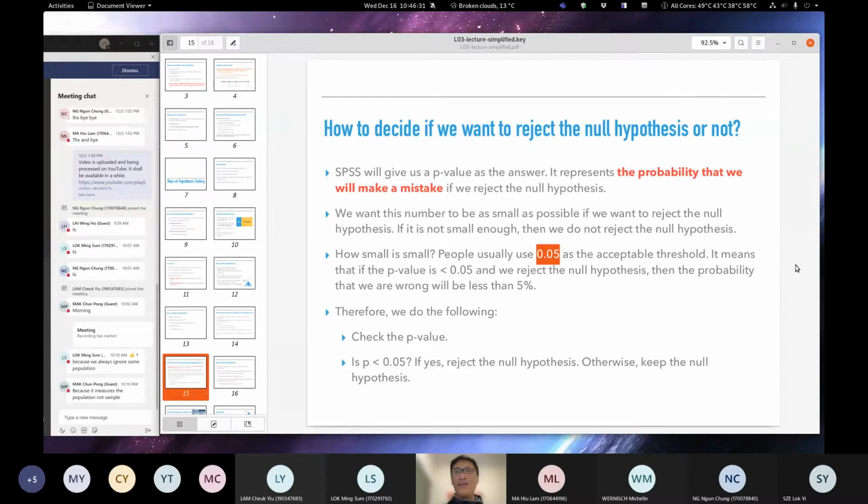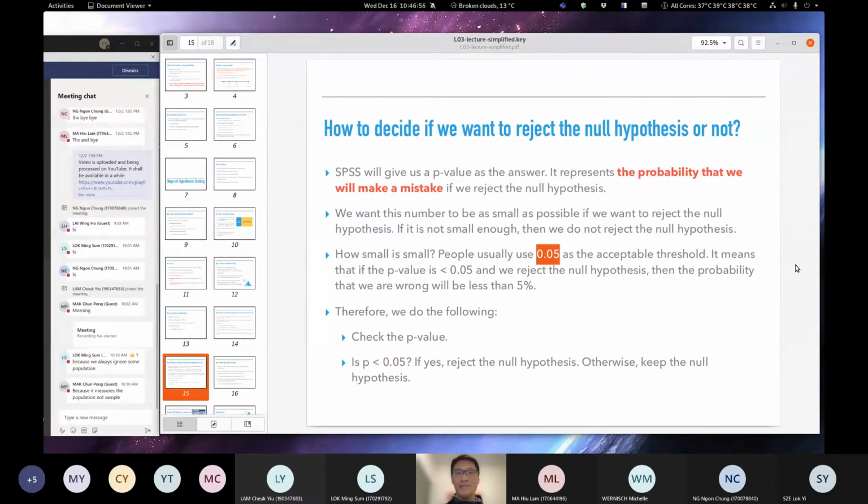But if the p-value is very large, like if the p-value is like 90%, it means that if we try to reject the null hypothesis, then the probability that we will be wrong is 90%. So in that case, we probably do not want to do it if something will be wrong 90% of the time.